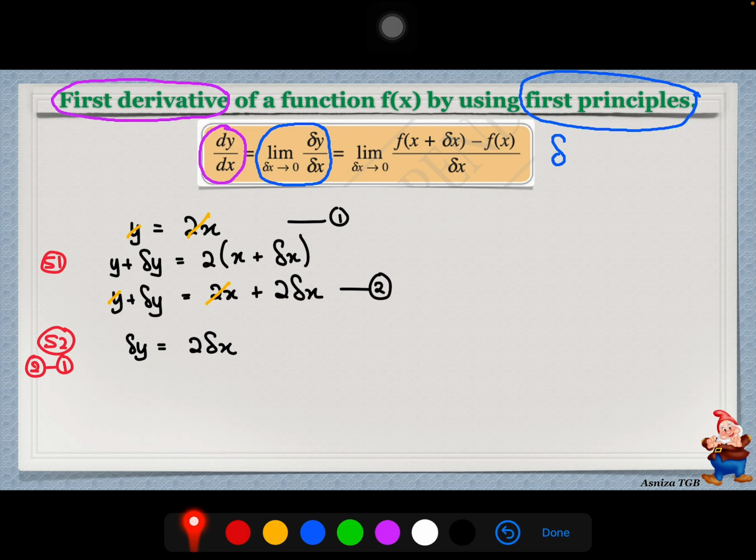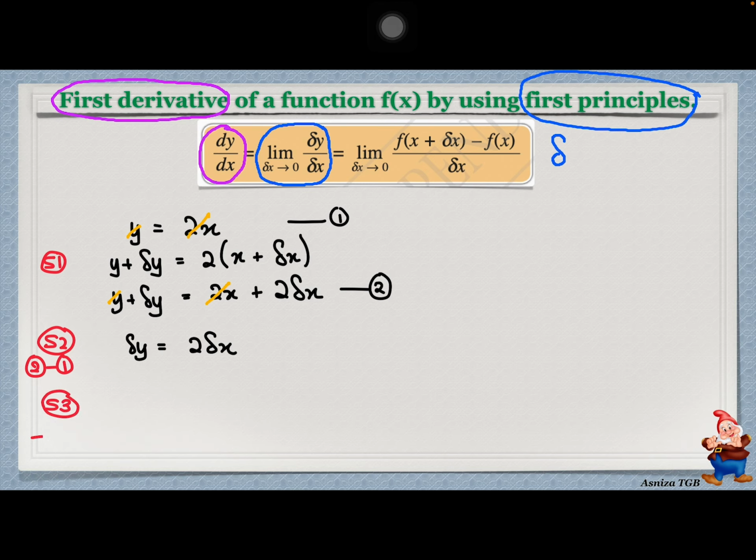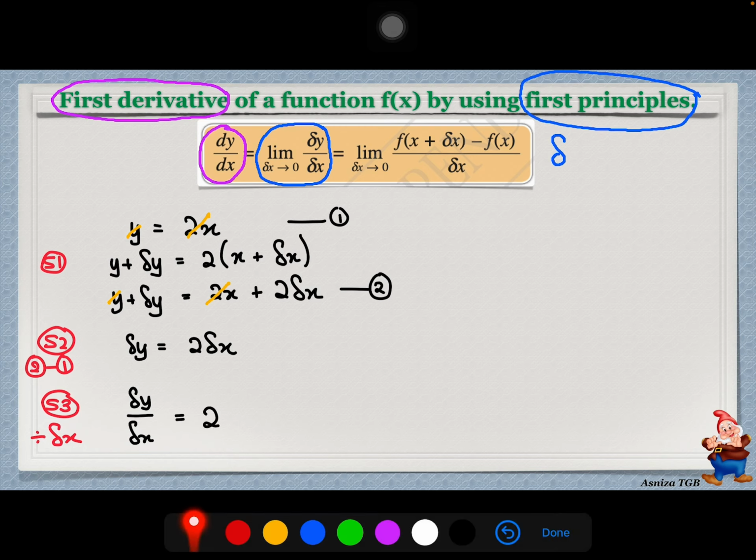Now we have the term delta y. What we need now is the term delta y over delta x. So we continue with the third step, where we divide both sides by delta x. When we divide by delta x, we have delta y over delta x equal to 2 on the right hand side.